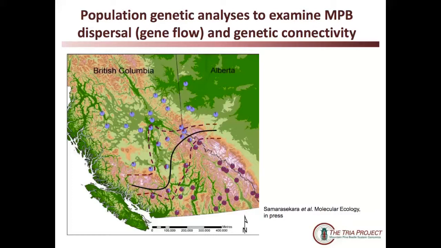So what that means is that, as we all know, beetles can fly long distances. And so we don't get these little pockets of differentiation the way that we might expect to see in other systems. And so that's telling us something about the biology of the system.